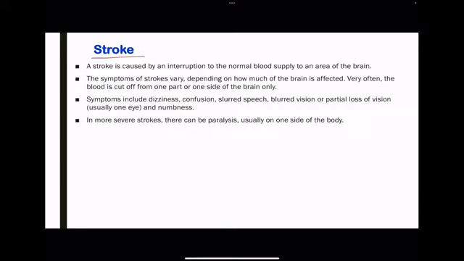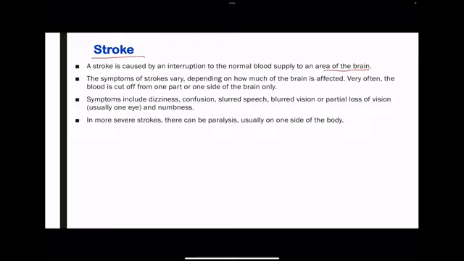Stroke is when there is interruption in normal blood supply, mainly to the brain. If this occurs, it means a specific region of the brain cannot get enough oxygen as well as nutrients for aerobic respiration, so that region may not function properly. And if it controls major areas of the body, this could lead to widespread damage.